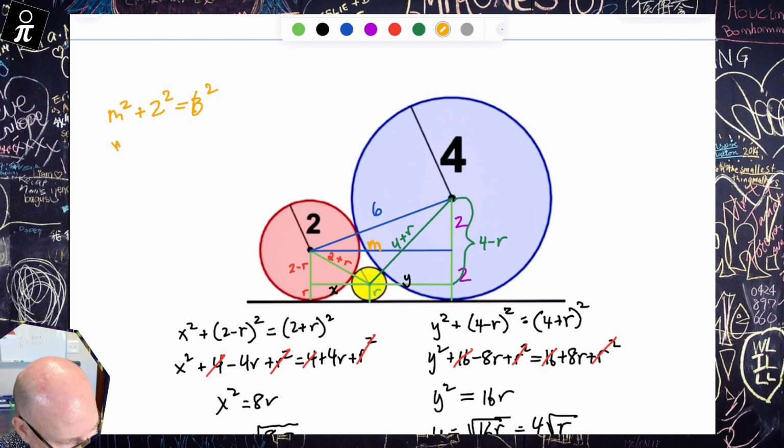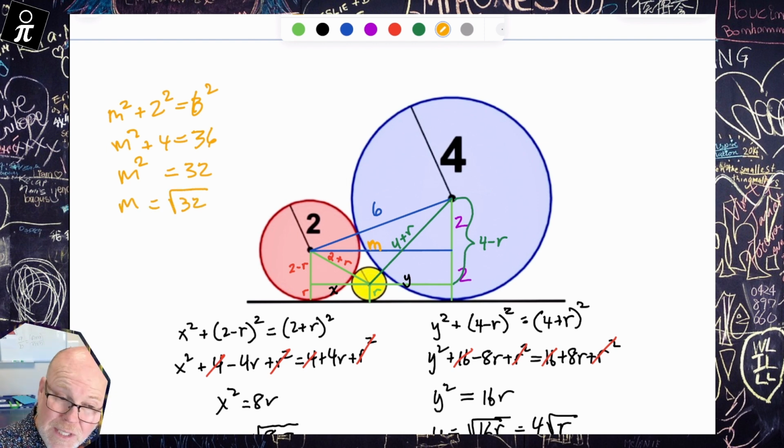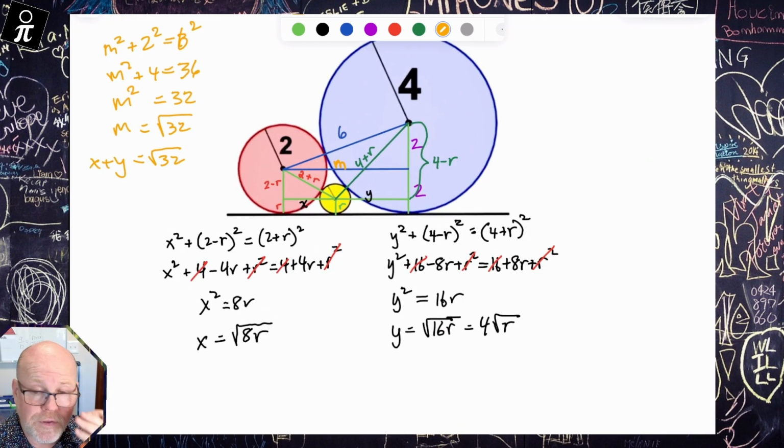So that's going to be m squared plus 4 is equal to 36. m squared is equal to 32. So m is equal to the square root of 32. And we'll just leave that. So really, remember, m is really x plus y.